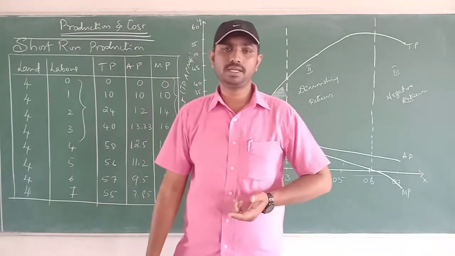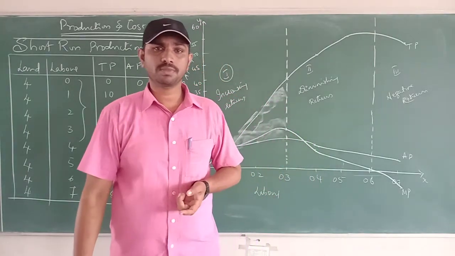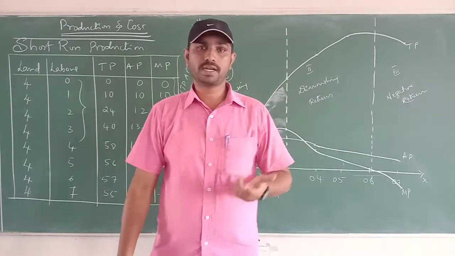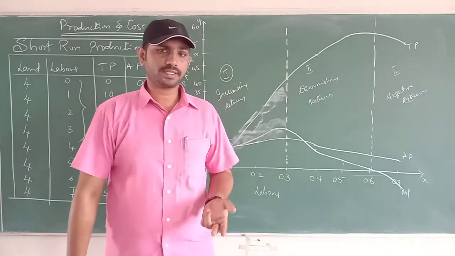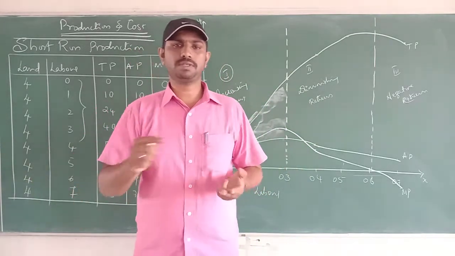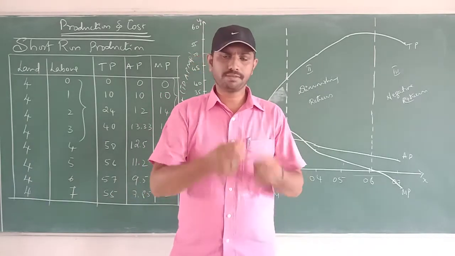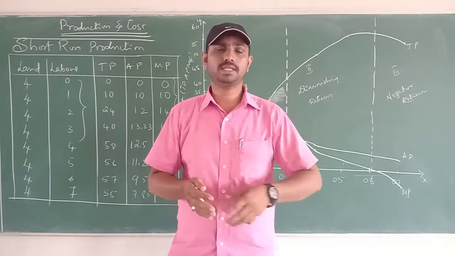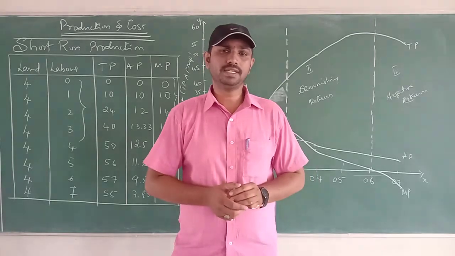A quite common example we can take is vehicles, or buildings, the number of stories of buildings. We can take any factor. If variable factors feel any kind of burden with the fixed factor, things go down, and if the burden is more, things lead to negative returns.